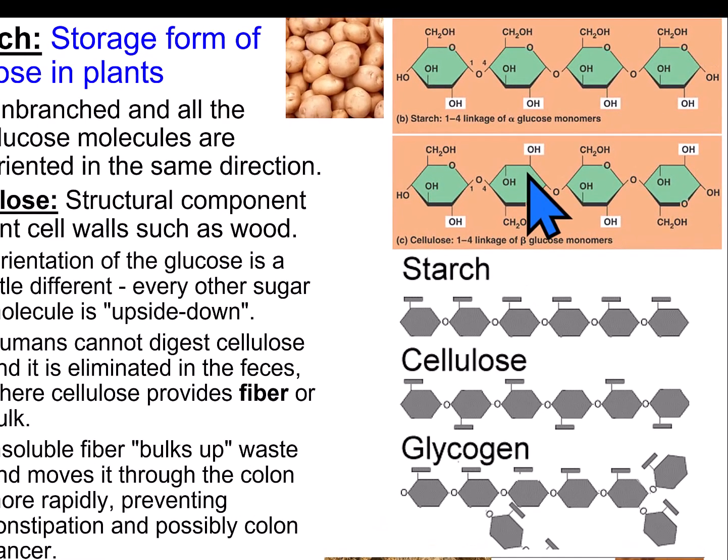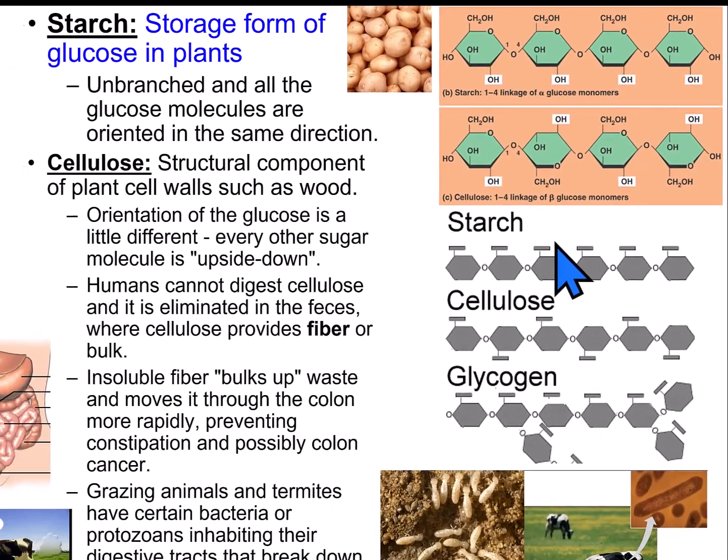What I mean by that is that when you look at starch, this part right up here, the molecule of glucose, that's the CH2OH. And if you look at this, all of the glucose are oriented in the same direction. All the CH2OH are up here on the upper part of the glucose molecules.